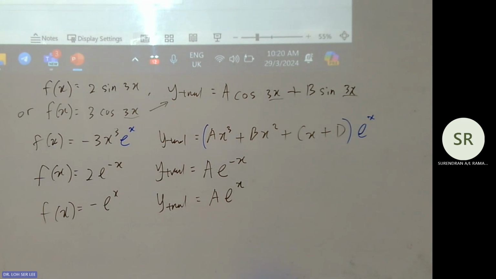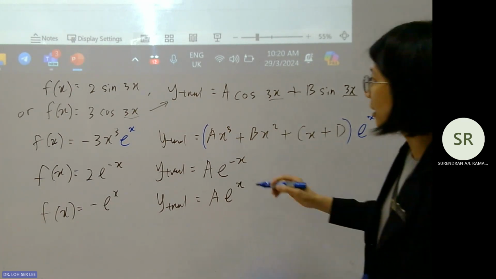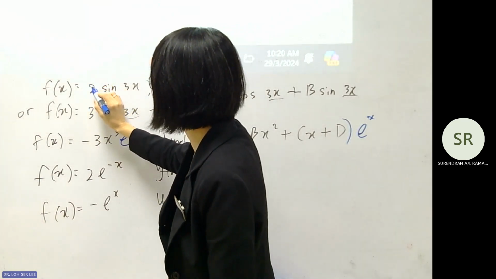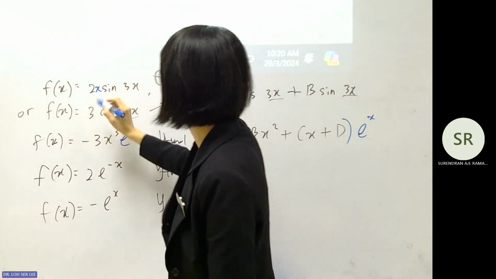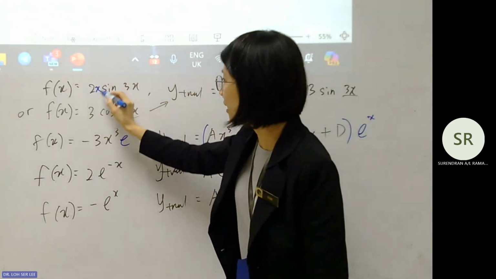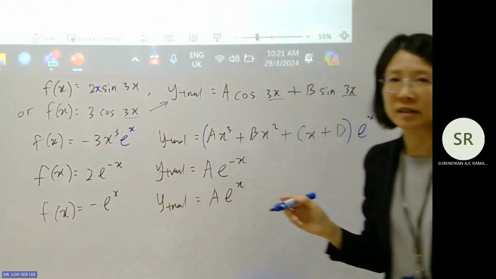So if you have polynomial with cos or sine, for example, let's say 2x times sine. 2x is the polynomial multiplied by the sine function.